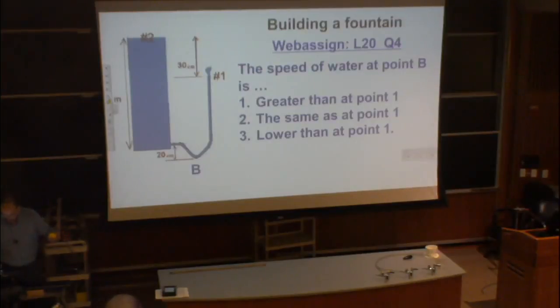Well, that could matter if we would need to calculate pressure at point B. In that case, every question related to pressure has to be answered using Bernoulli's equation, because the continuity equation doesn't involve pressure.